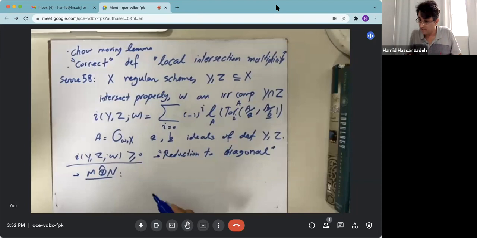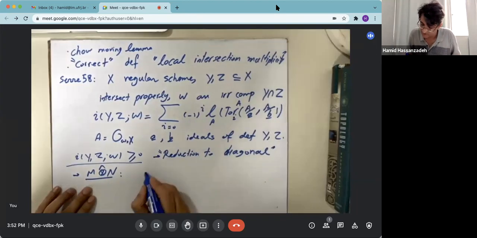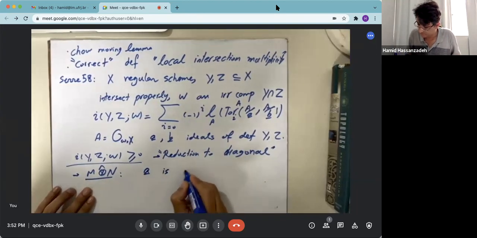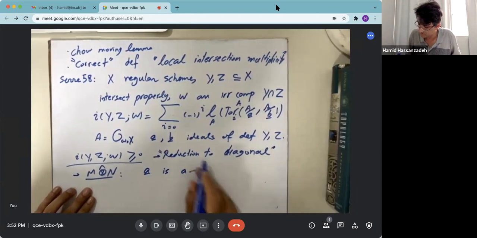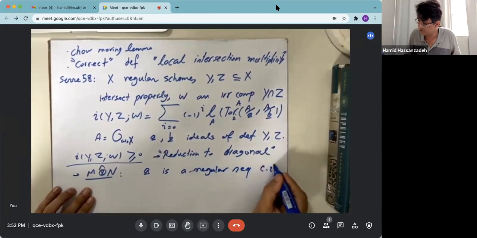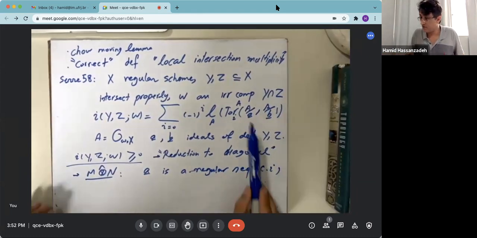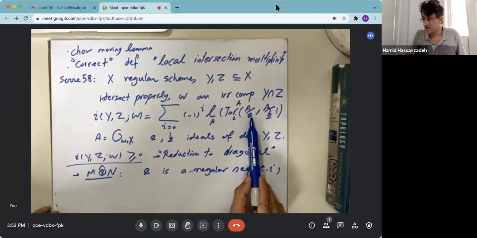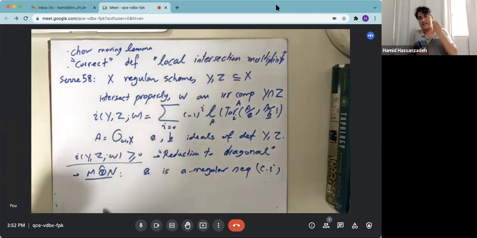After doing that, he reduced to the case that 𝔞 is a complete intersection, generated by a regular sequence. When you get to a complete intersection, then Tor is not just an abstract module.